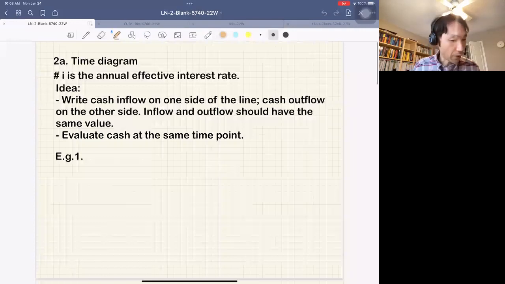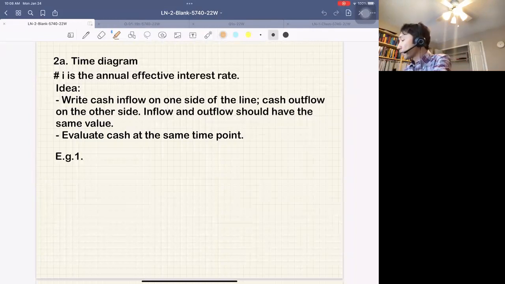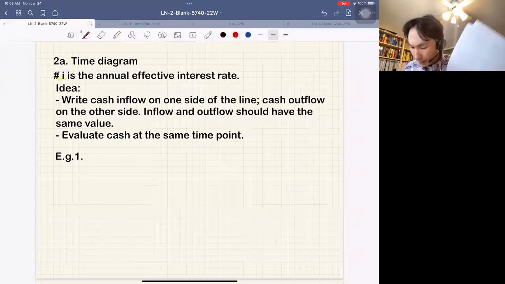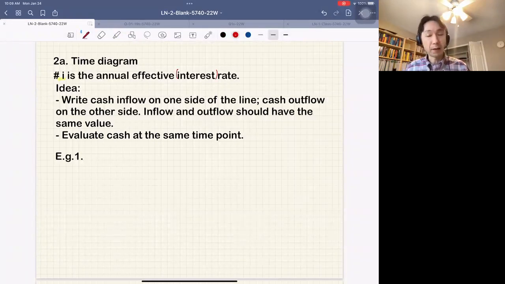Okay, so time diagram first. Here, if we say I, the I is the annual effective interest rate. Often this word interest is omitted in the exam questions.